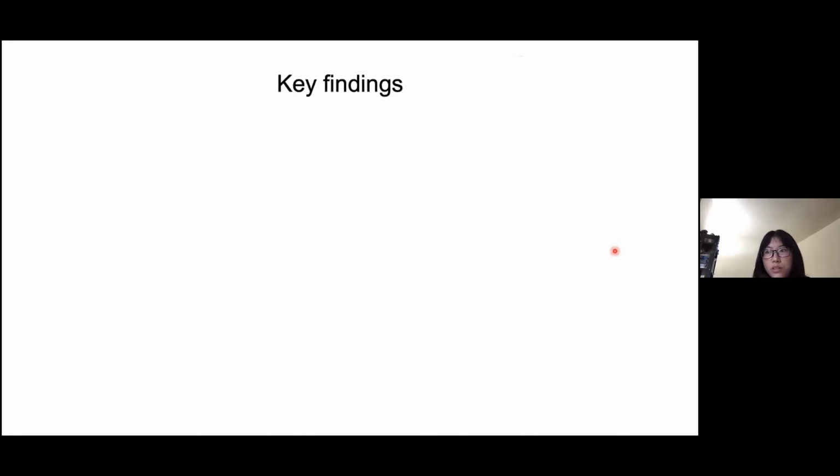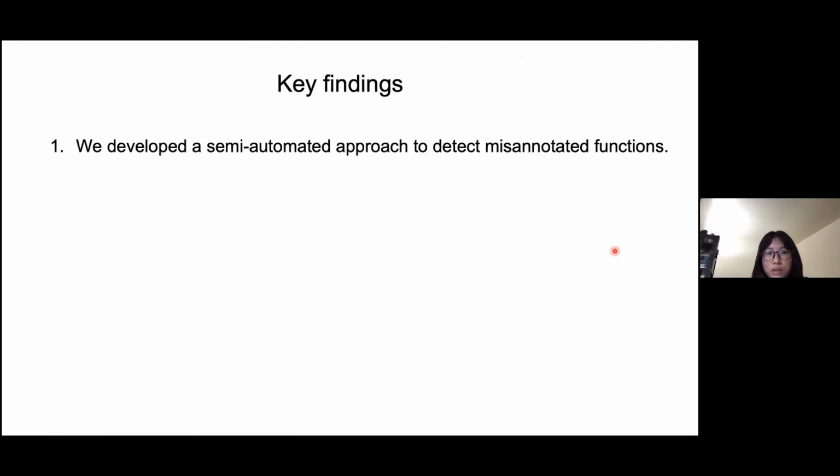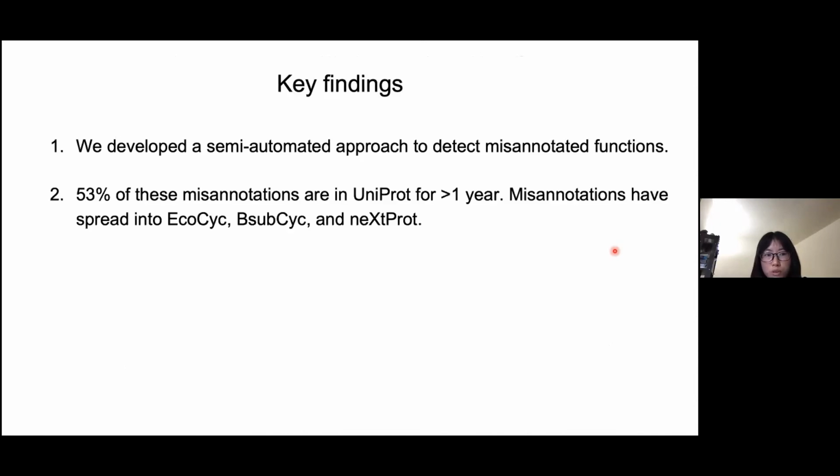So here I want to show the key findings. Firstly, we developed a semi-automated approach to detect misannotated functions. And also 53% of these misannotations in UniProt were older than 1 year.